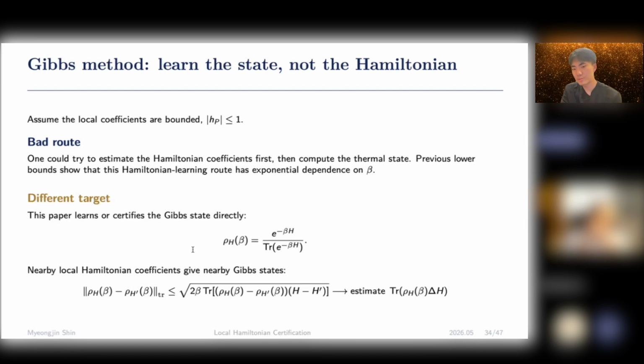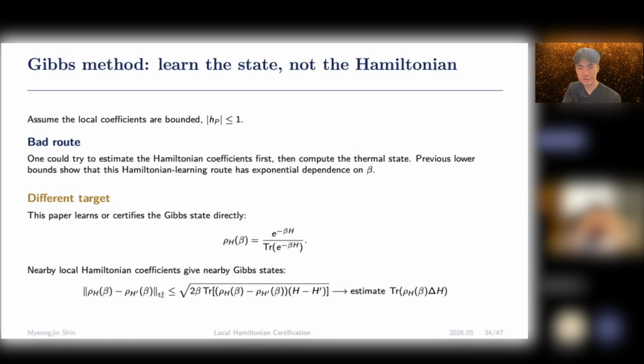and the most important inequality that we use is described below. Our goal is to learn the Gibbs state in the trace norm, and this trace norm is upper bounded by this formula, which is very important. So what are we going to do?